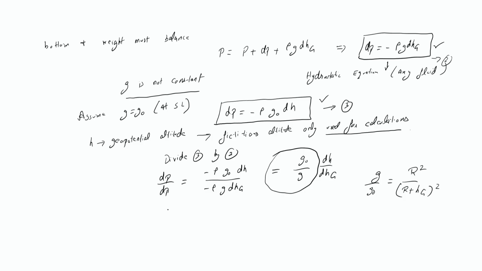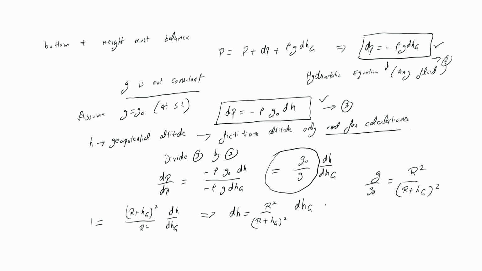So this dP by dP becomes 1. So 1 equals to R plus Hg whole square by R square, dH by dHg. Alright. This becomes dH equals to R square by R plus Hg whole square into dHg.